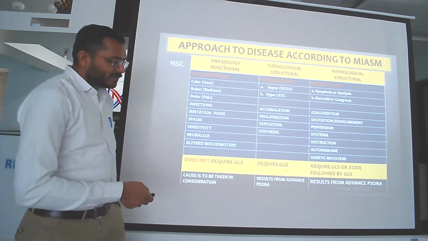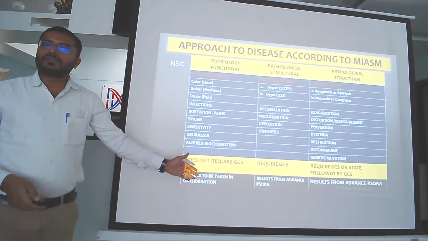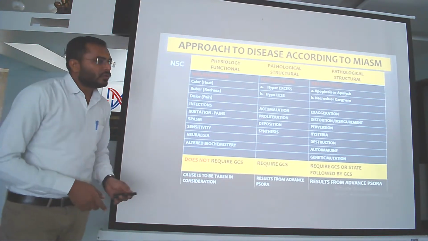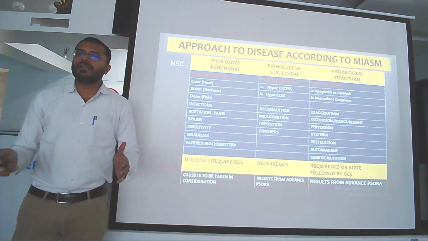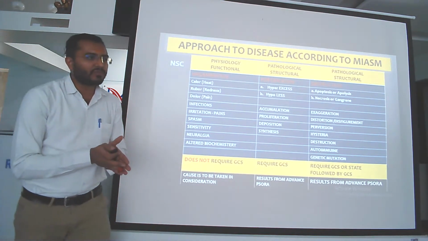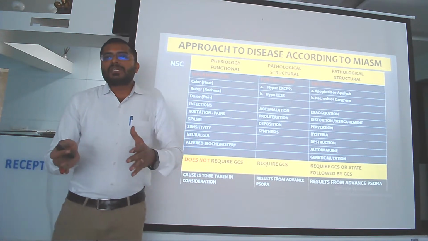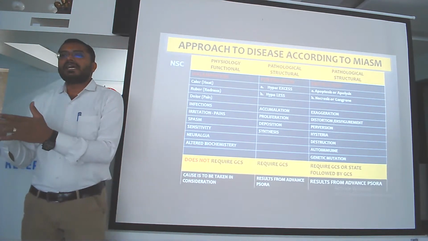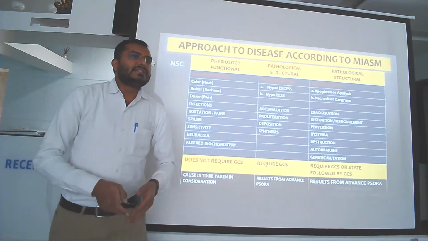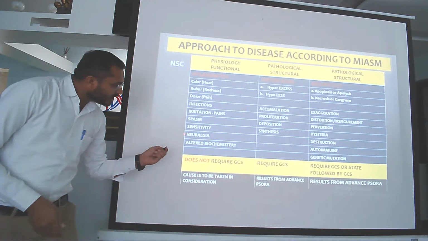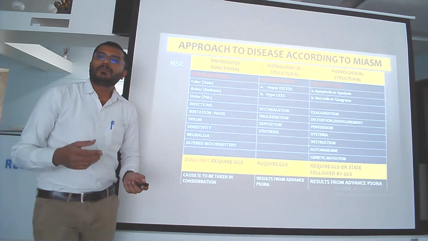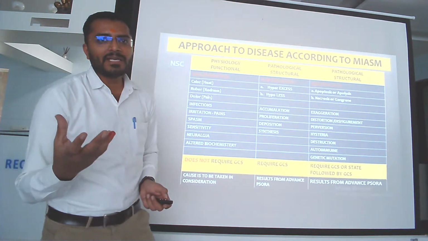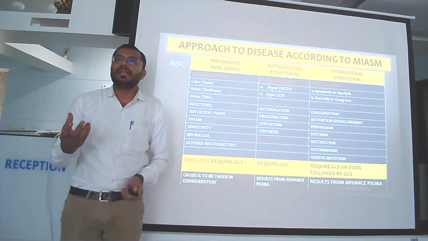So in most psoric cases, or most acute cases, you do not require the genetic constitutional simillimum. You can prescribe the remedy according to aphorism number 5. In most acute cases, it is the exciting cause which provokes it. Why is it the exciting cause? Because everyone is sensitive to these things. That's why the exciting cause is provoked, and that exciting cause is provoking the illness.